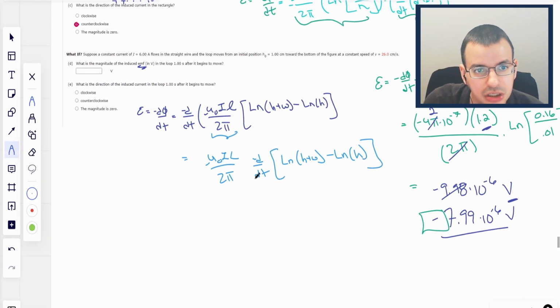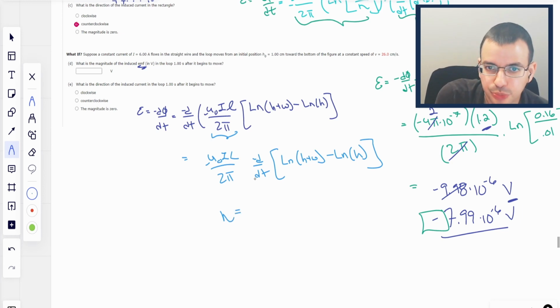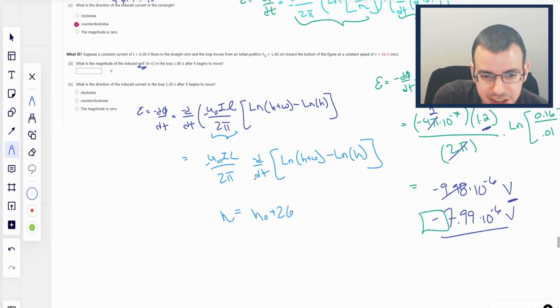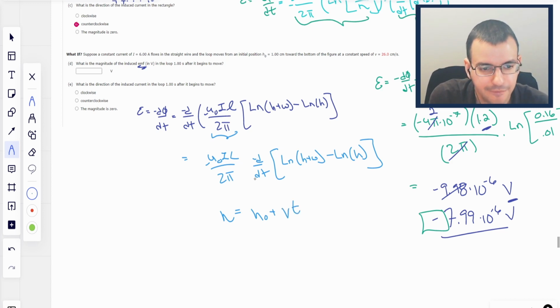So h is going to equal h initial plus Vt, and h plus w is going to be h initial plus w plus Vt.